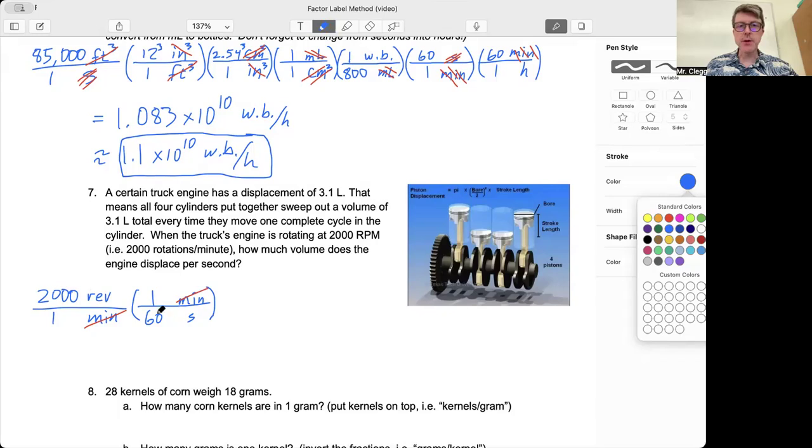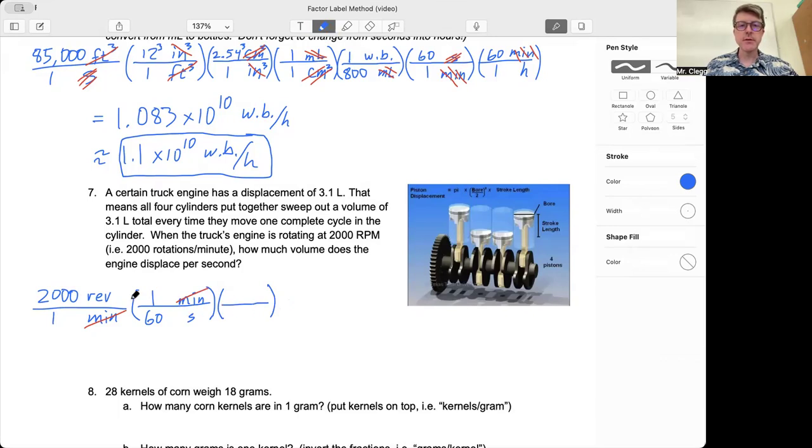And now I have 2000 revolutions per second, but how much volume is that? Well, each revolution, right? So now I can put in one revolution. I know that I have 3.1 liters of volume each time the engine goes around one time, or each time the cylinders all go around once, you get 3.1 liters of displacement.